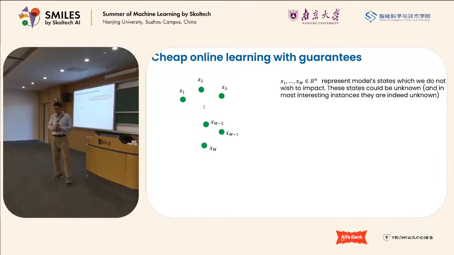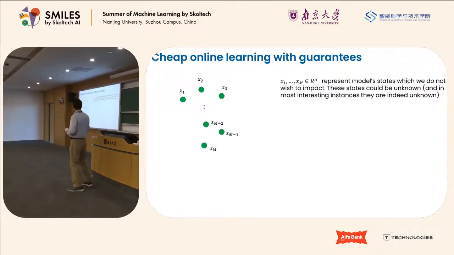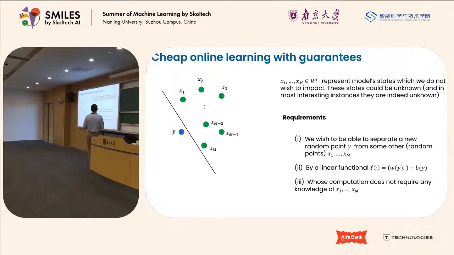The ideal scenario is this. I have my good data, which is shown here as these green disks on the slide, and I have a bad data.